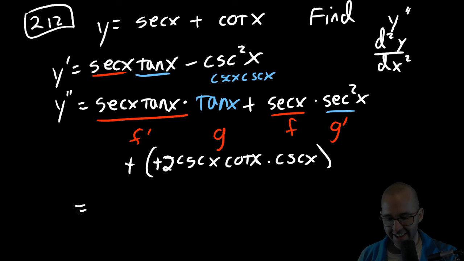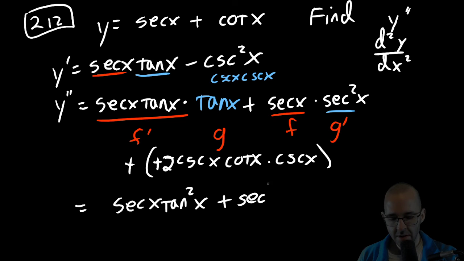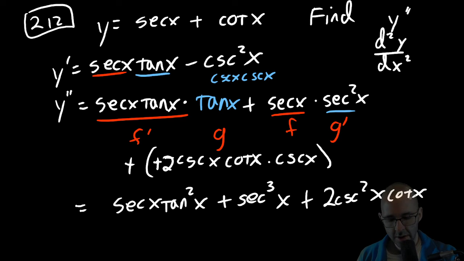All right, so what do we got here? The first thing simplifies to just secant of x times tangent squared. The second thing is secant cubed. And the last thing is 2 cosecant squared cotangent of x.